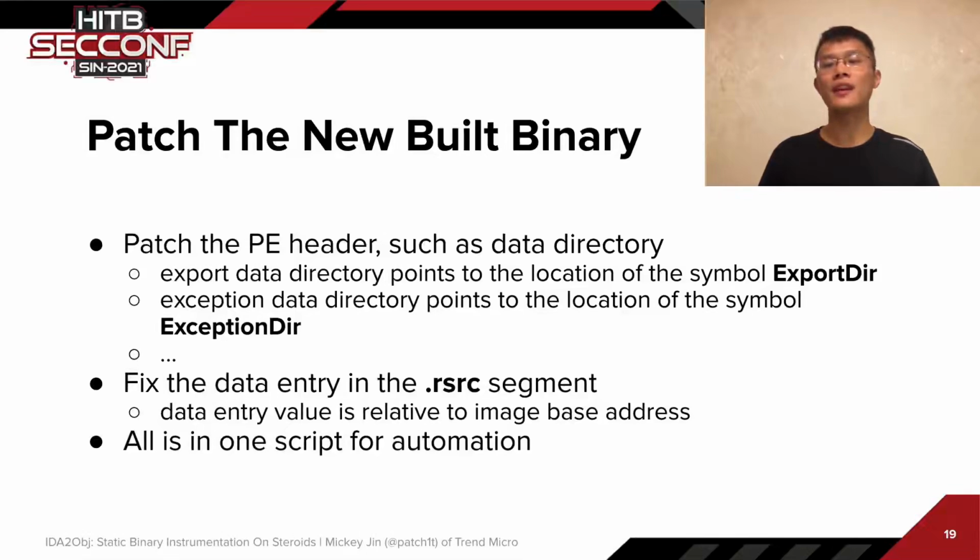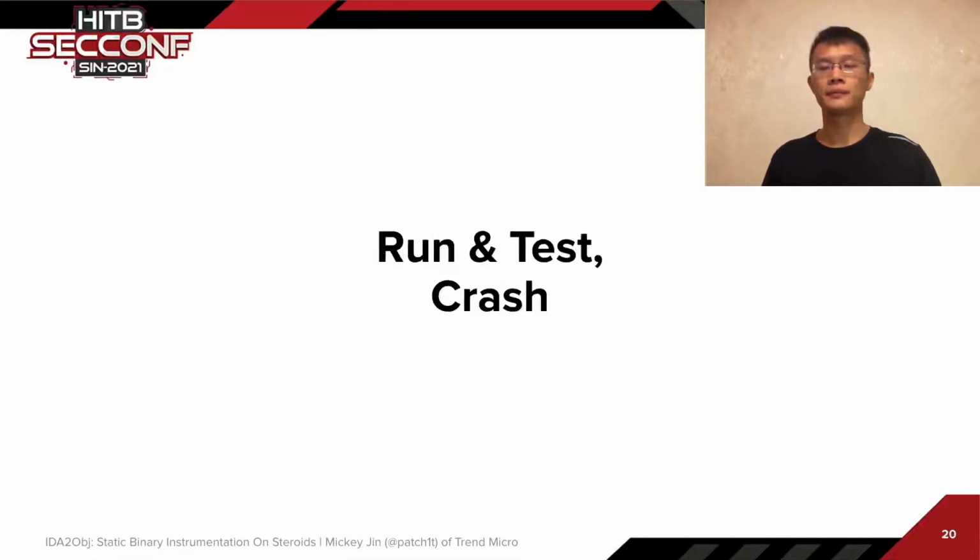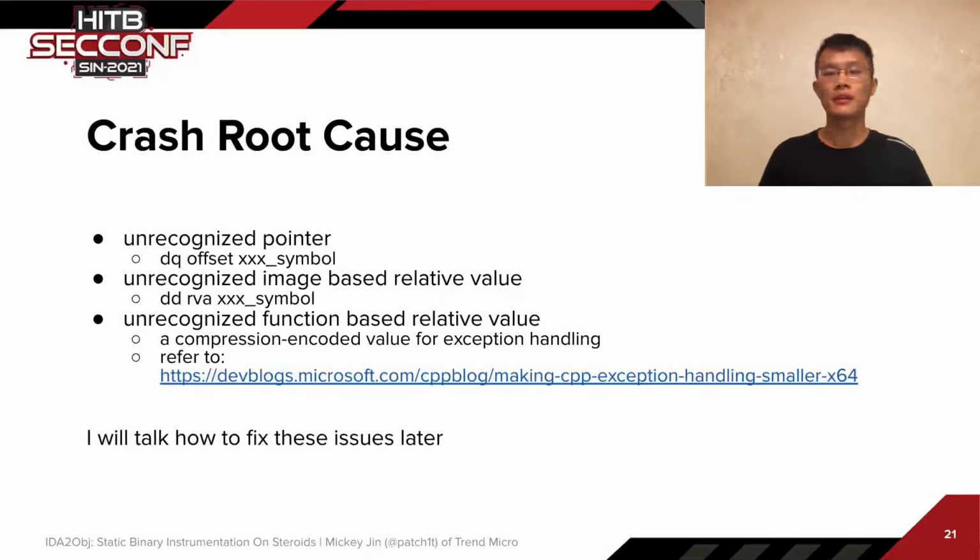Then we can run and test, but I got some crashes. There are three kinds of issues that lead to the crashes, all because of incorrect analysis results from IDA. First is the unrecognized pointer, such as DQ offset a symbol.